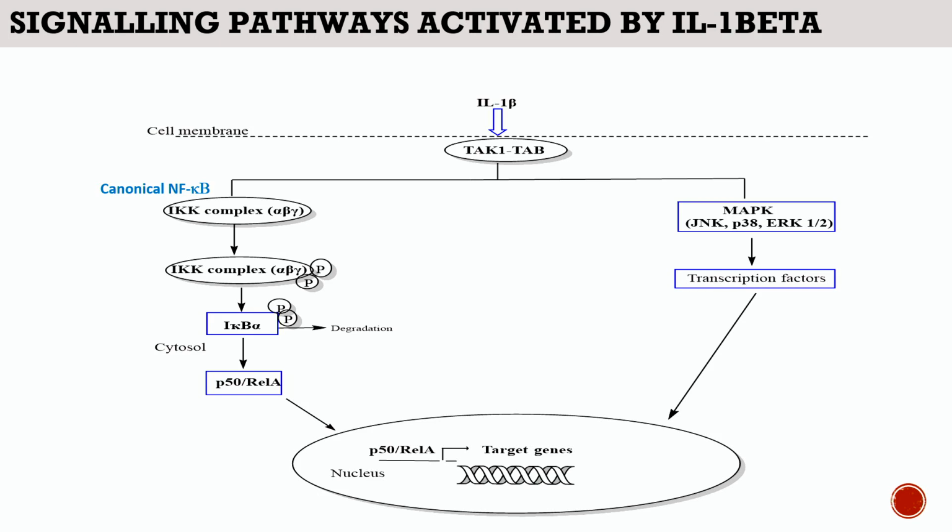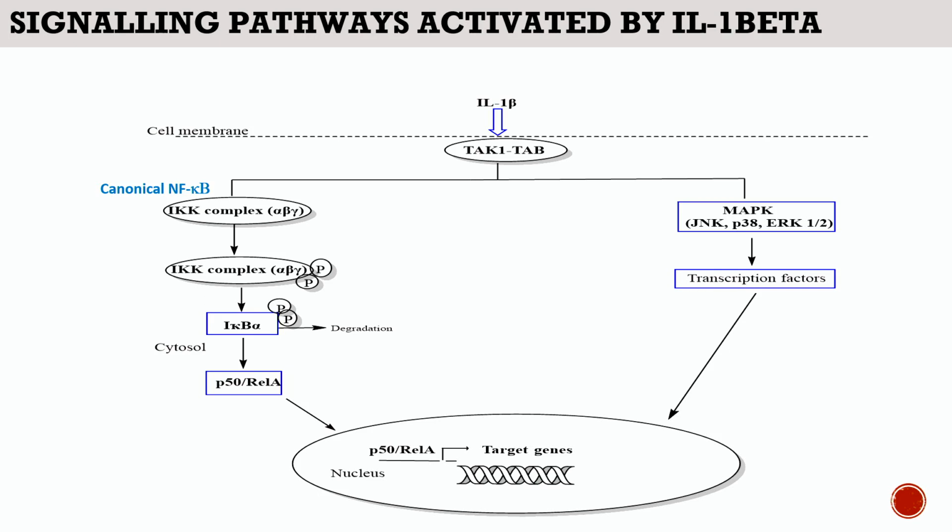On the right-hand side, IL-1 beta also activates the MAP kinase pathway, which includes JNK, p38, and ERK. These are the main components of the MAP kinase pathway.